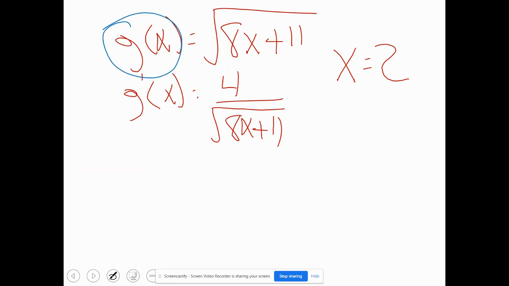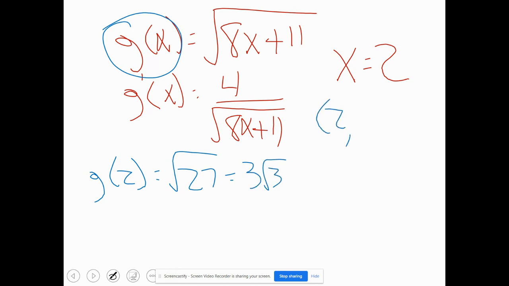So in my function g of x, we need to know what g of 2 is. You can go ahead and substitute 2 into the equation. I think that gives you the square root of 27, which if you do a good house, bad house, would be 3 radical 3. So you have the point 2 and 3 radical 3.